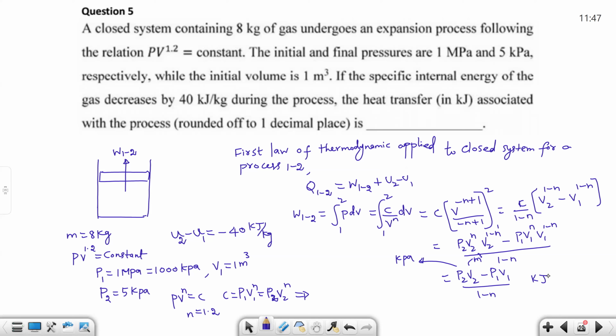You should be very careful with units. So let us substitute: P1 is 1000 kPa, V1 is 1 meter cube, 1 power 1.2, P2 is 5 kPa, V2 power 1.2. So we want V2.